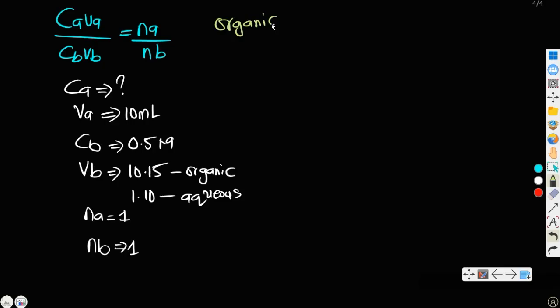So substituting, let's start with the organic phase. For the organic phase, CA is what we are looking for. VA is 10 ml, divided by CB. Why am I always writing 0.5? The concentration of the base given was 0.2 mole, not 0.5, please. 0.2 mole times the volume of base, 10.15.